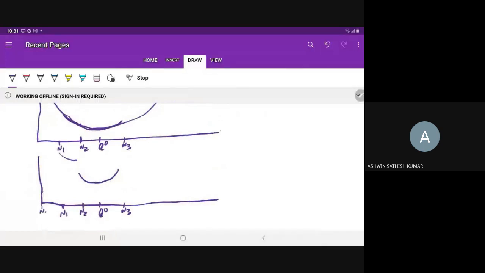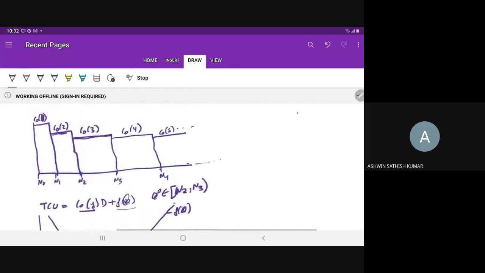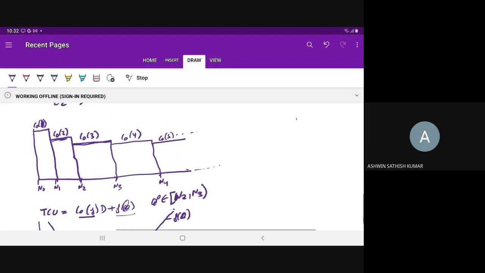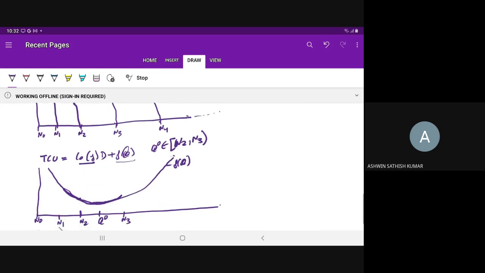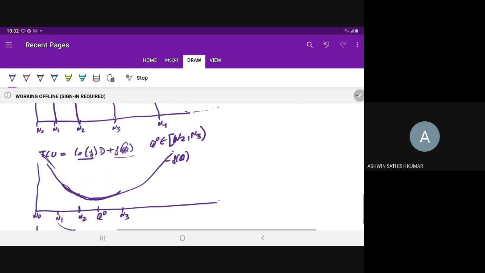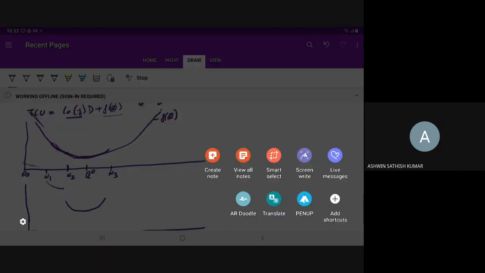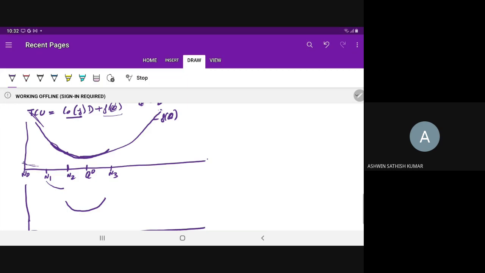In the N0 to N1, what is the shape? C0 1 into D will become constant, and FQ is decreasing. So here the shape will be decreasing, right?